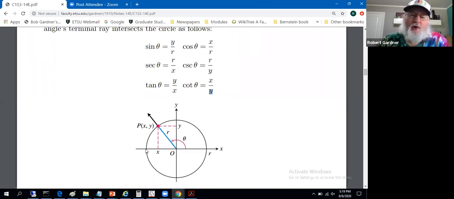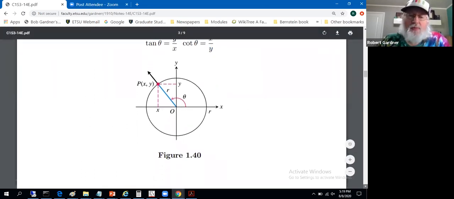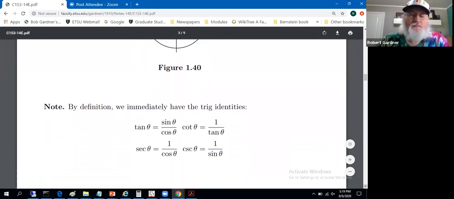Here we're looking at negative r comma 0, x, y coordinates. So sine and cosine are defined for all angles. Secant, cosecant, tangent, cotangent are not defined for all angles. There's some bad angles, and the problem is division by 0 in our definition of those. So can't be done. We've mentioned that.